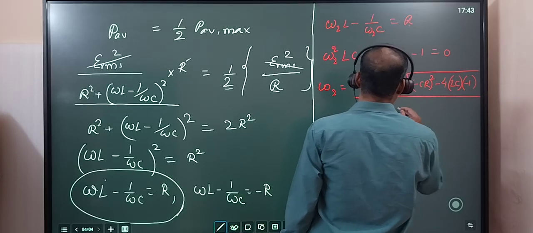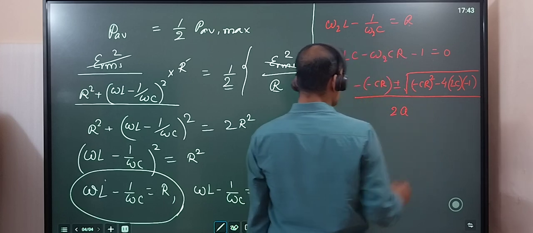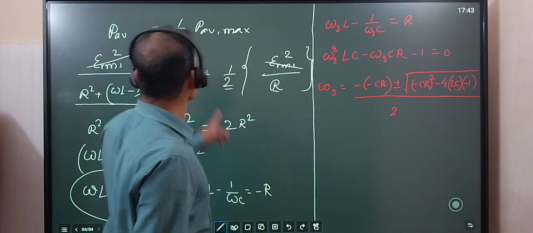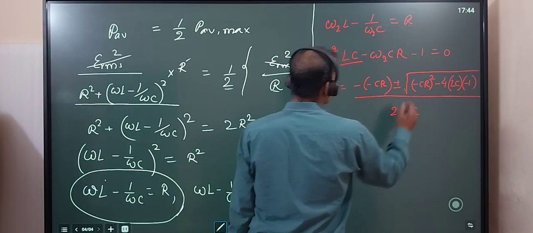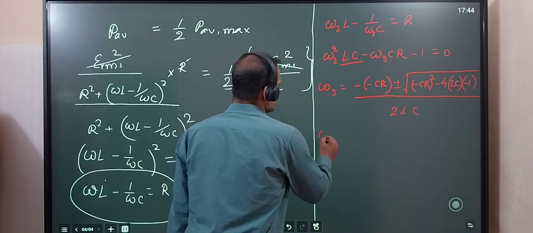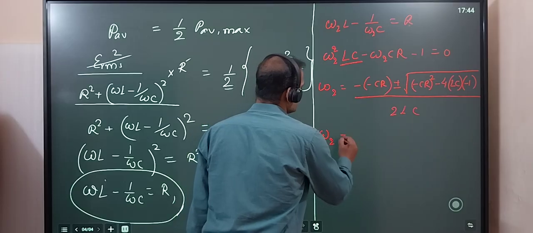And then we divide by 2A, where A is LC. So what you are going to get is omega 2.